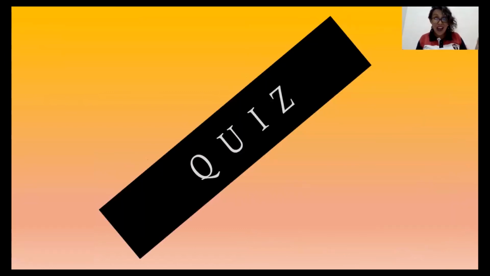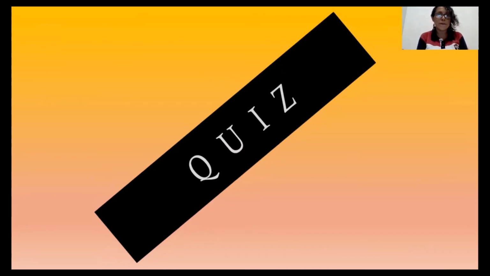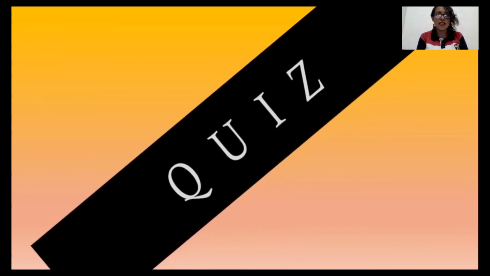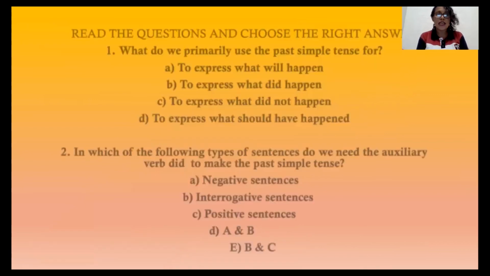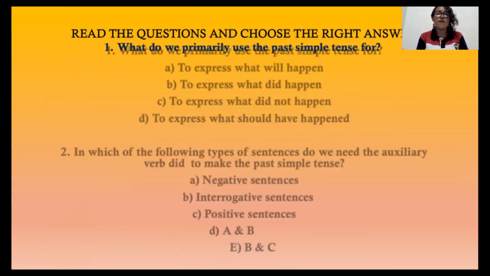So now we are going to have a little quiz, okay, to practice what we have already reviewed about simple past. So let's start. Read the questions and choose the right answer, okay? Question 1.